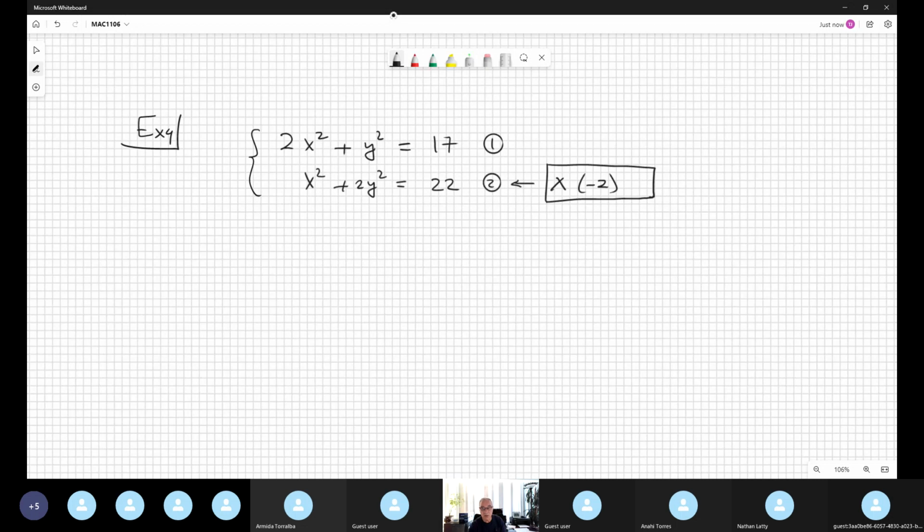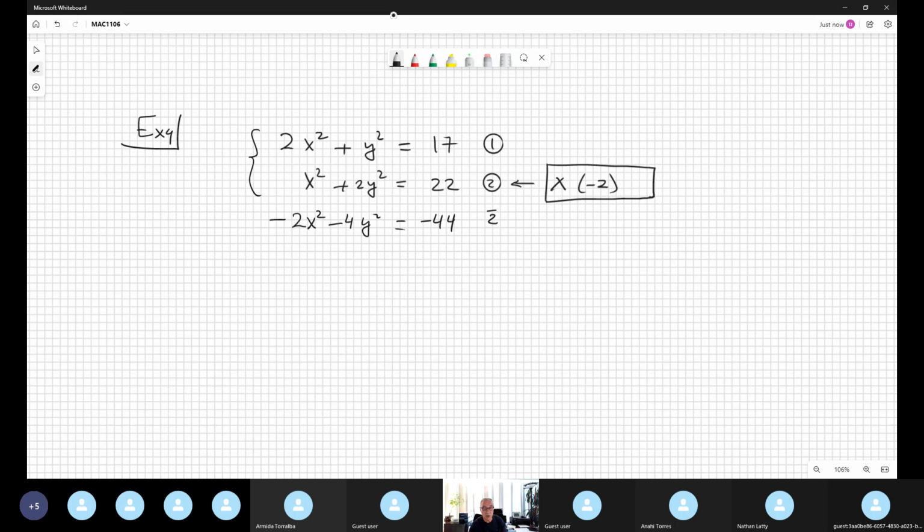What is my goal? What is my strategy? Negative 2 times 1 is negative 2, and negative 2 plus 2 is 0. So you multiply the entire equation 2 by negative 2: minus 2x squared minus 4y squared equals minus 44.